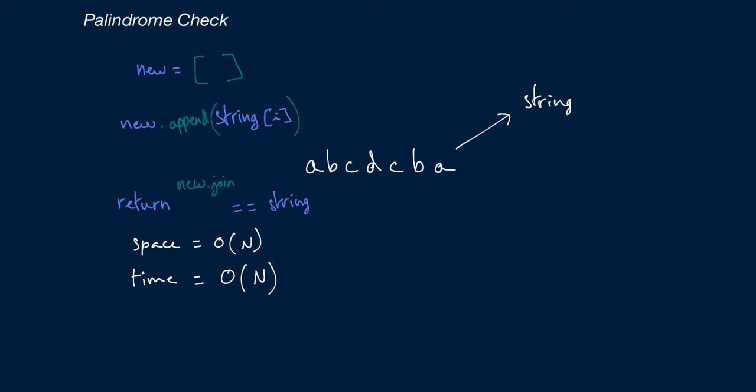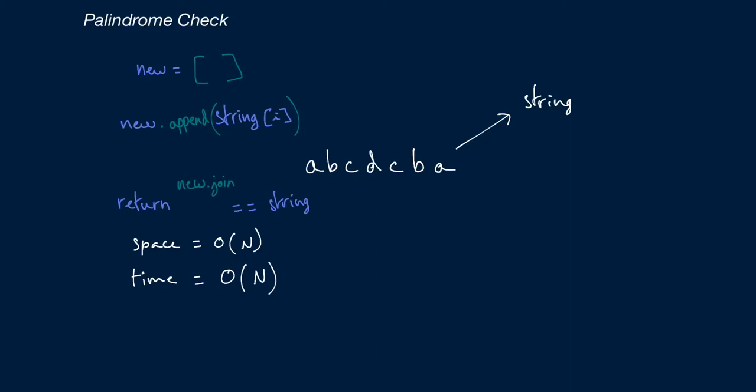Well, notice that when we are looking at this string, A, B, C, D, C, B, A, and we want to know if it's a palindrome, we're basically saying, is the first letter equal to the last letter? And is the string in the middle, the resulting string, a palindrome as well?